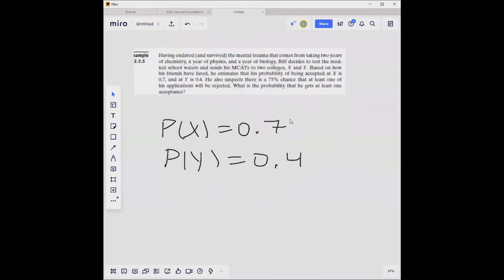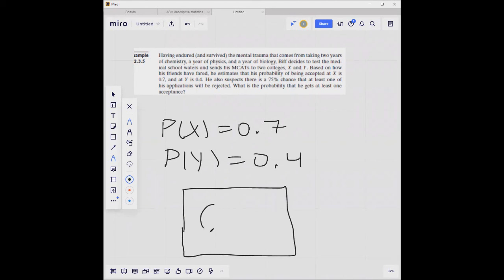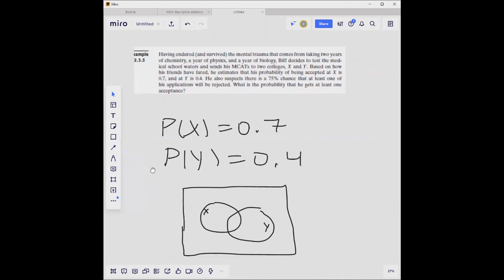So we can define this as follows. Let's take a look at the Venn diagram. Here's X, here's Y. So this intersection of X and Y here is the region or event where he gets accepted by both colleges. So we are looking for the region where he will be rejected by at least one, meaning that it is everything outside of this intersection here.